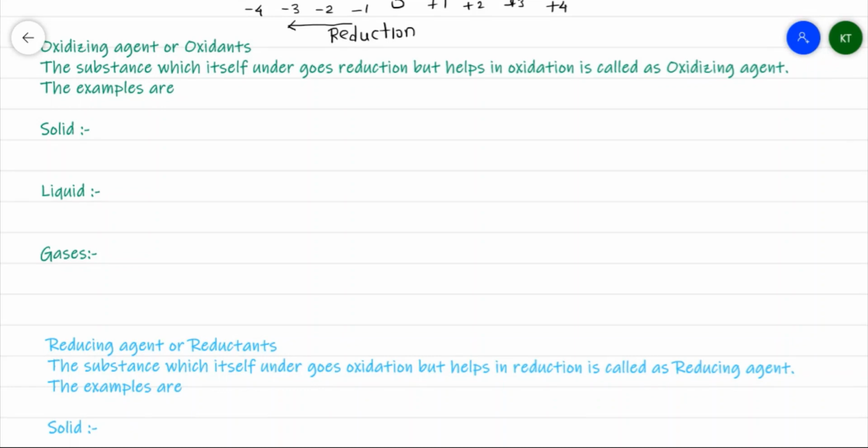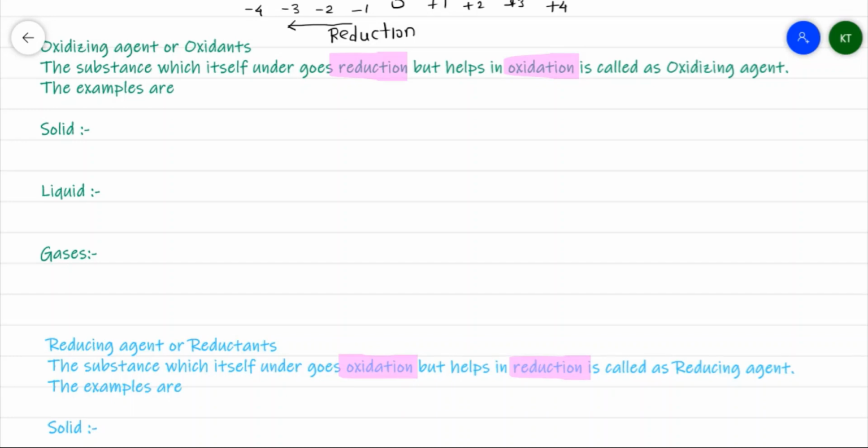The oxidizing agent is that substance which itself undergoes reduction but helps in oxidation of some other substance. That is called your oxidizing agent. And a reducing agent is that substance which itself undergoes oxidation but helps in reduction. That is called your reducing agent.